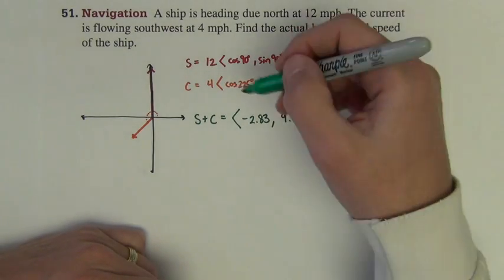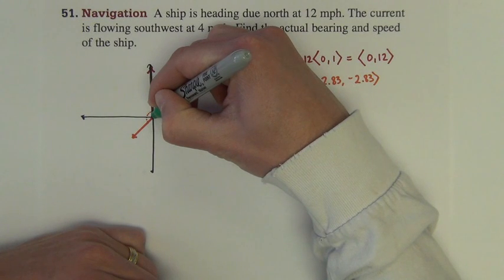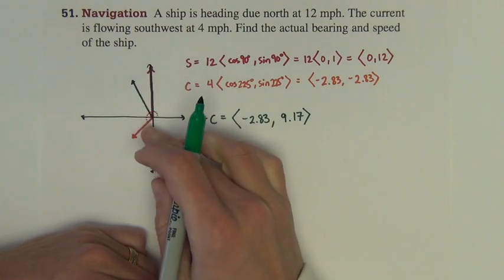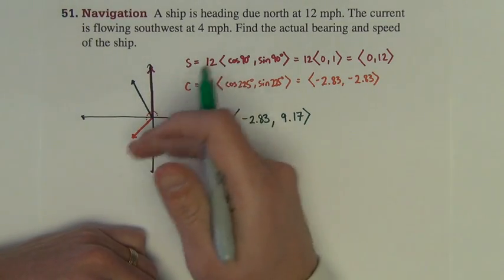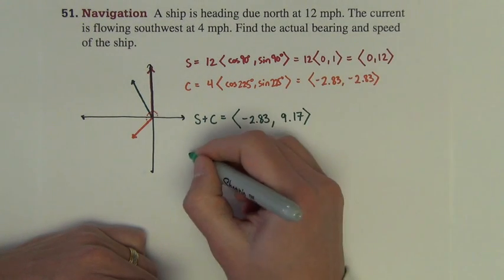Okay, if you wanted to draw that, you certainly could. That'd be like that. So here's kind of where the ship's actually going, right there, when the current's kind of pushing it in this direction.